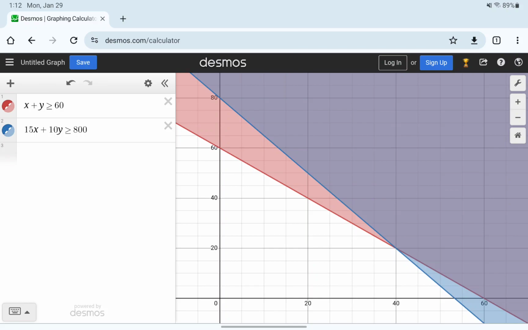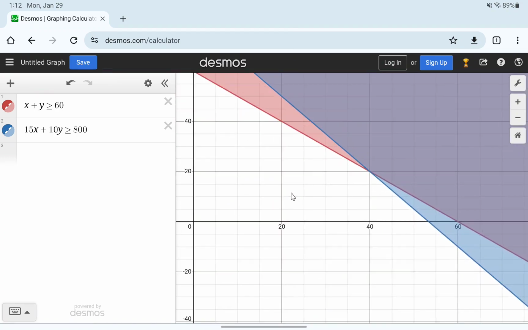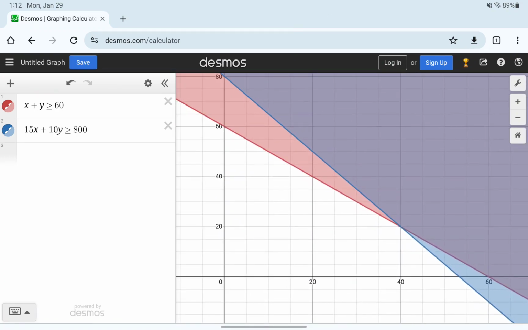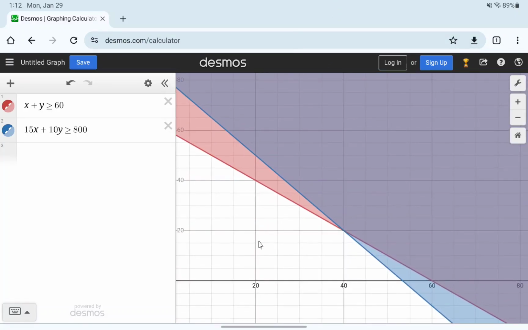And what we're asked to do is identify how many portraits and landscapes she could sell to meet her goal. We have an infinite number of solutions again, because any point in this shaded region or along those boundary lines that cover the shaded region are going to be possible solutions.